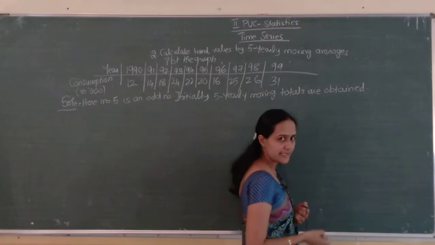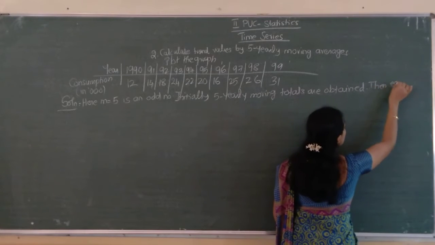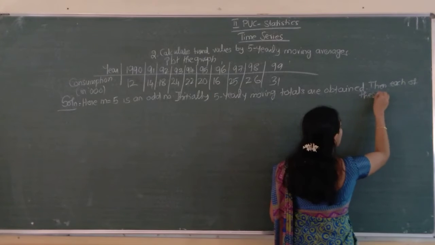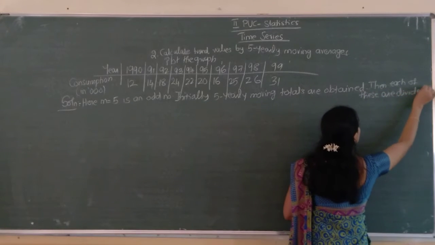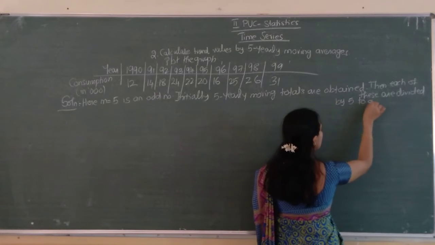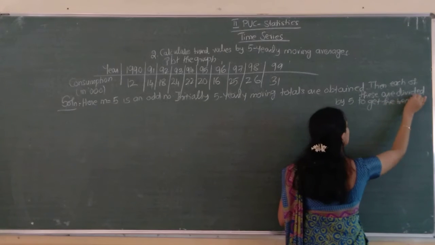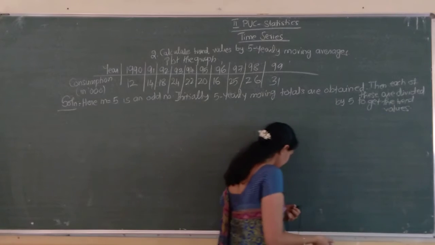Then each of these is divided by 5 to get the trend values.